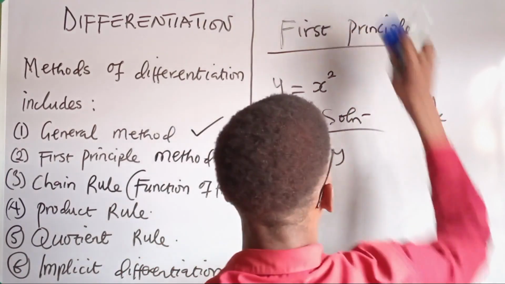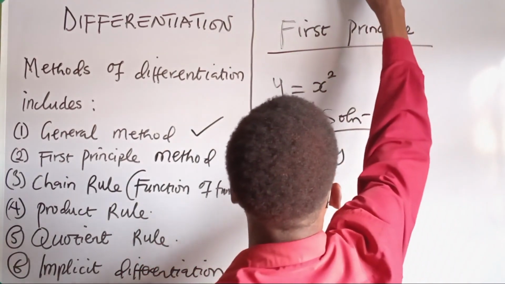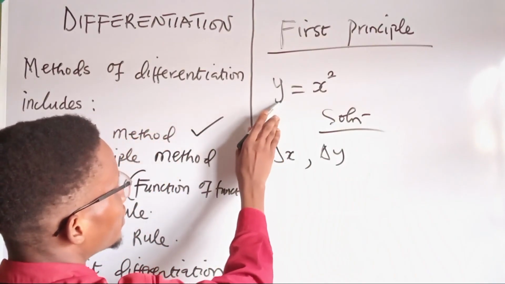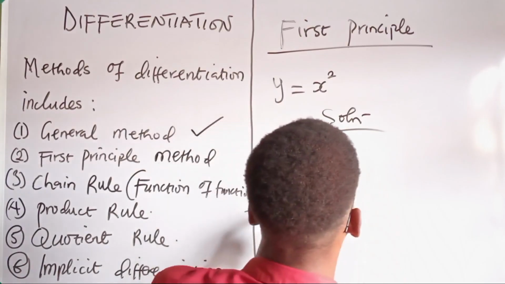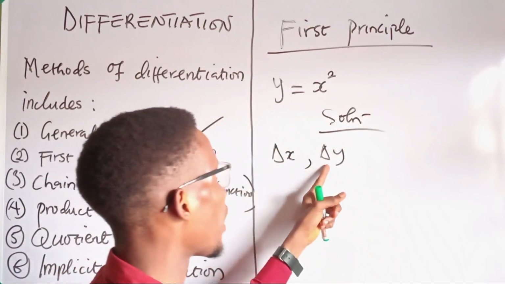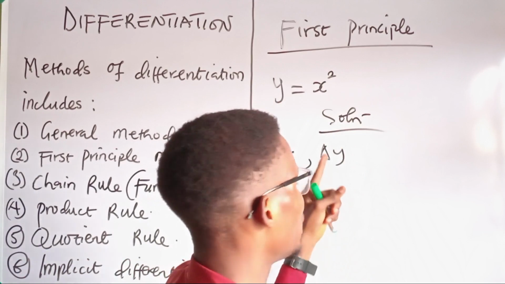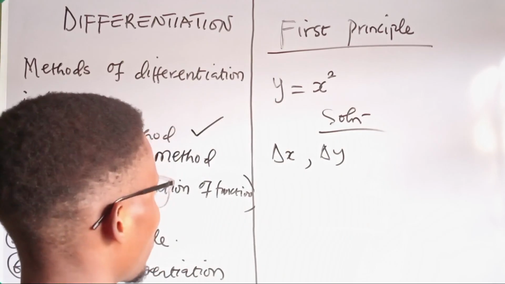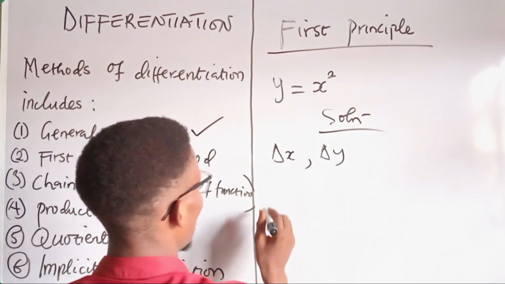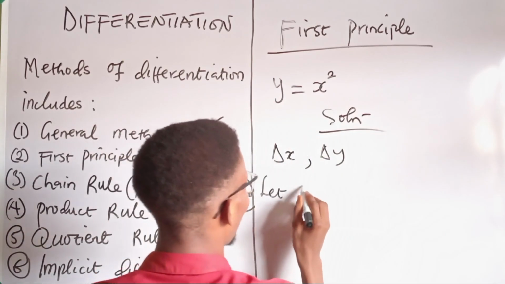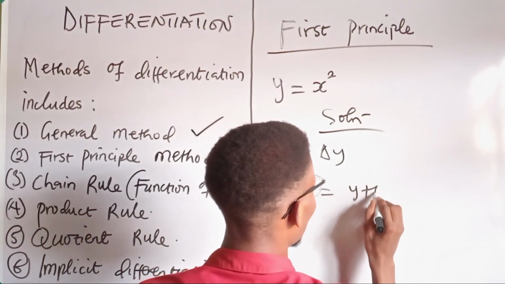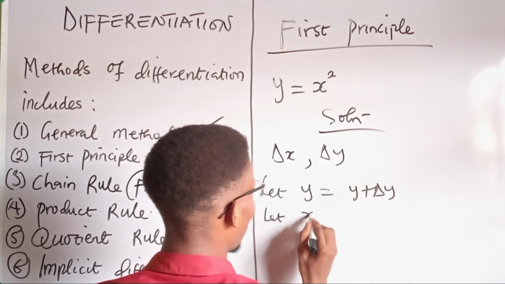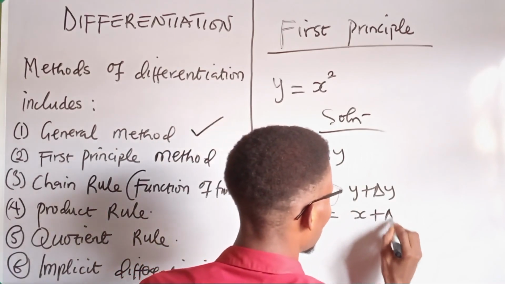Now, having introduced this, the next thing you do is to add it to either side. Let's say we have y here, we'll add change in y. As we have x, we'll add change in x. So it implies that we say let y equals y plus change in y, then let x equals x plus change in x.